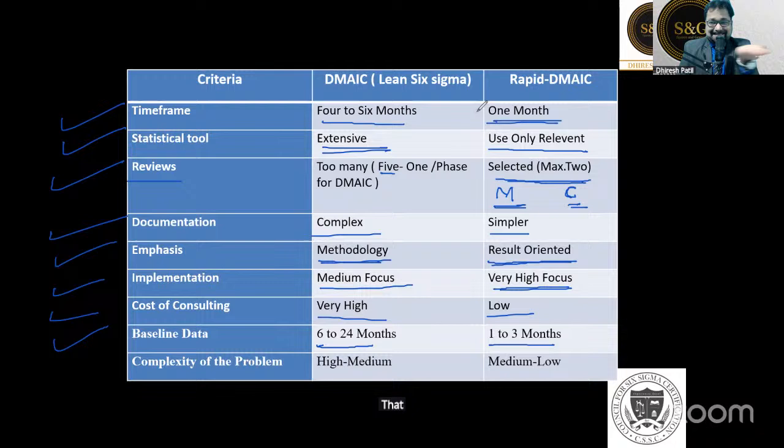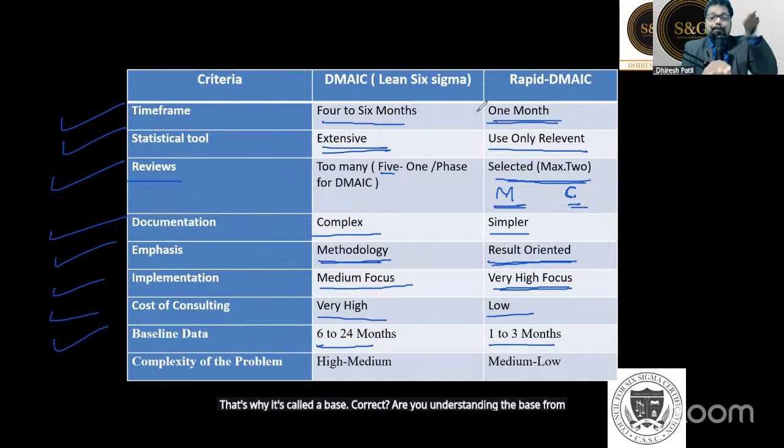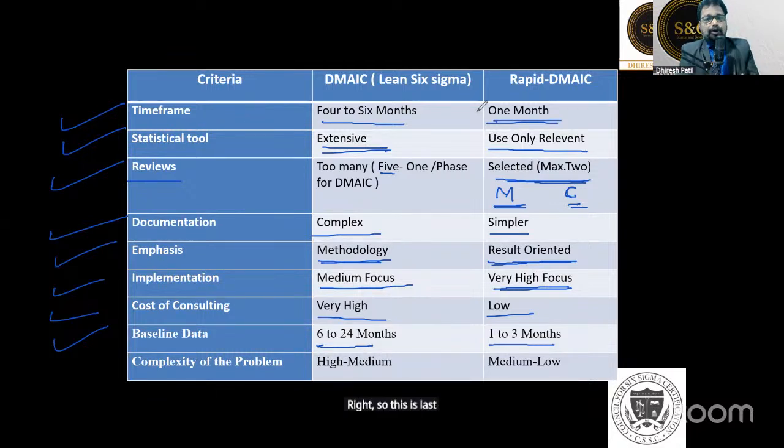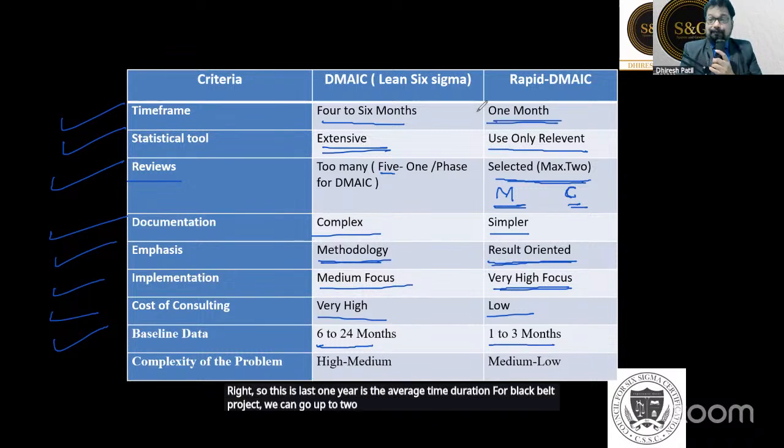Are you understanding the base from where we start comparing our improved performance of the project? So the last 1 year is the average time duration. For a black belt project, we can go up to 2 years as well if the data is available. So that is called baseline data.